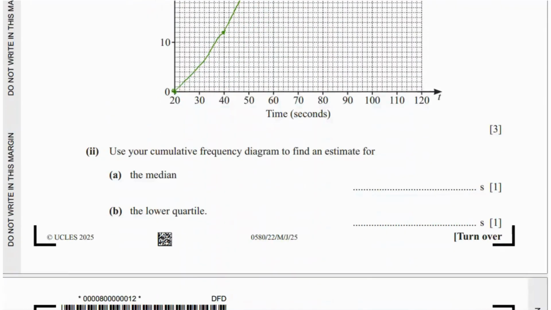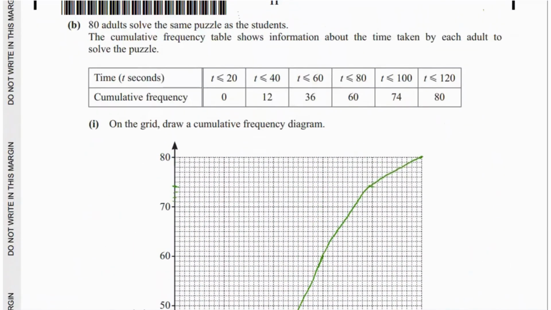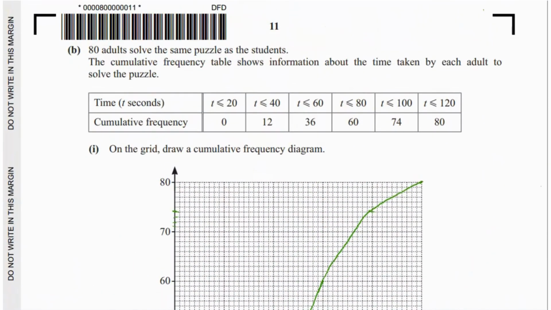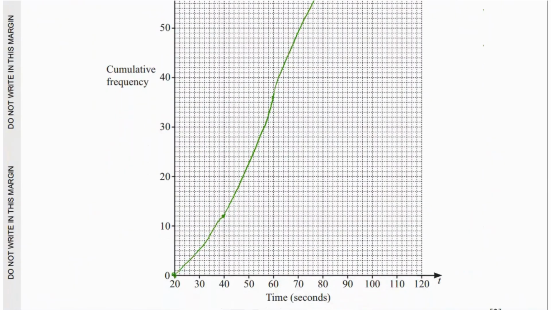Use a cumulative frequency diagram to find an estimate for the median and the lower quartile. For the median, we'll divide 80 by 2 and find the 40th value. For the 40th value, we will draw a line from the y-axis towards the graph, and that gives us 62. 62 is the median value.